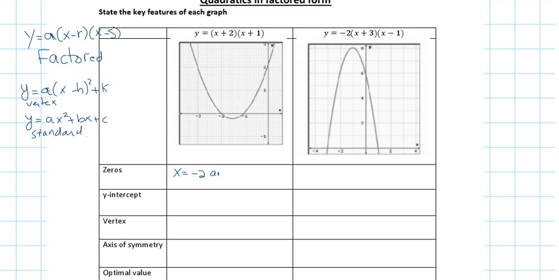Y equals 2. How about your vertex? Where is your vertex? Yeah, it looks like it's at -1.5 and about -1/4, -0.25.